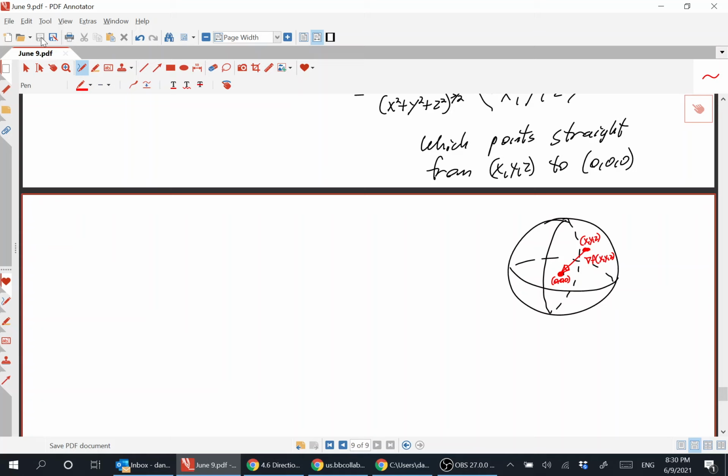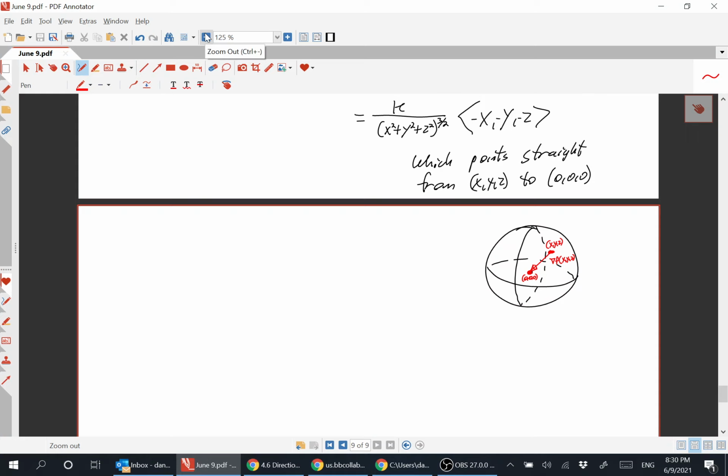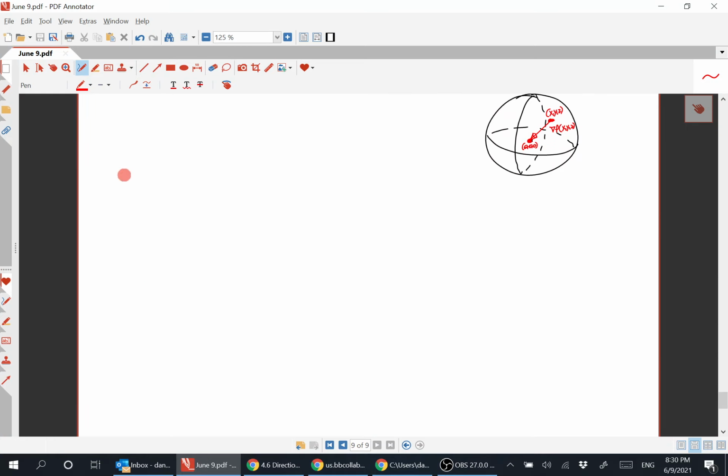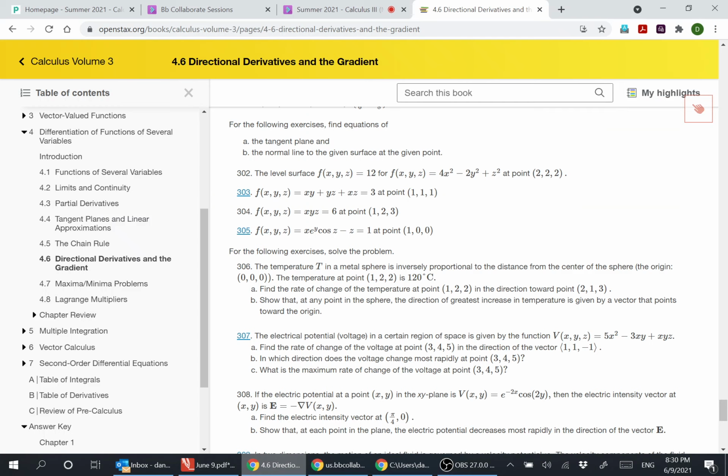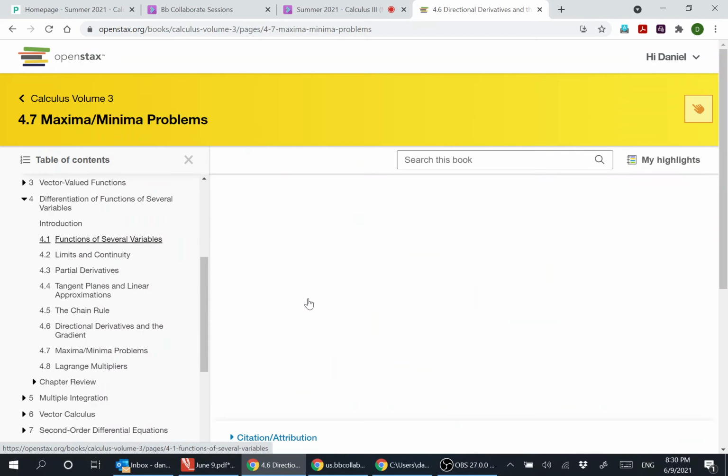Alrighty. Moving on to section 4.7. Maximum and minimum problems.